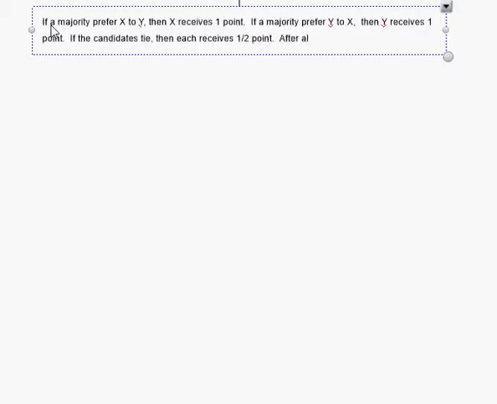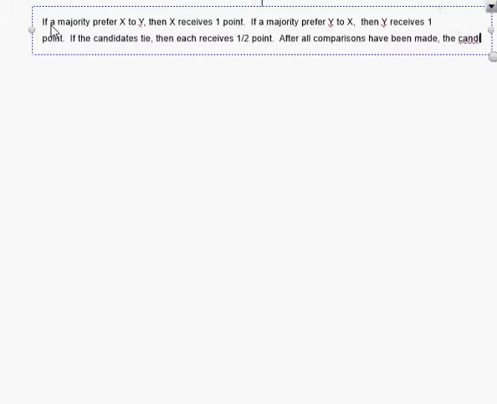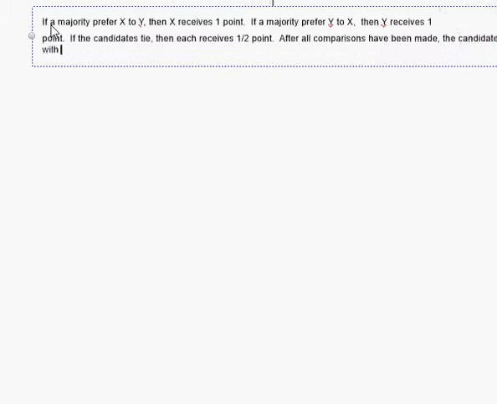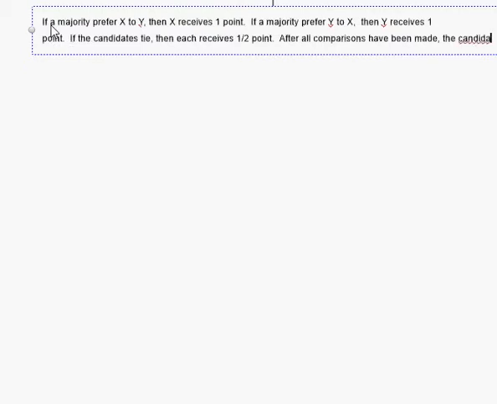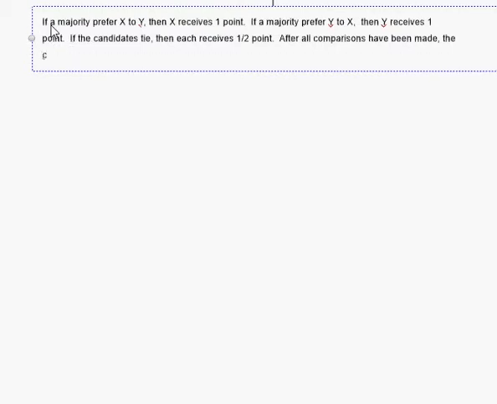After all comparisons have been made, the candidate with the most points is the winner.